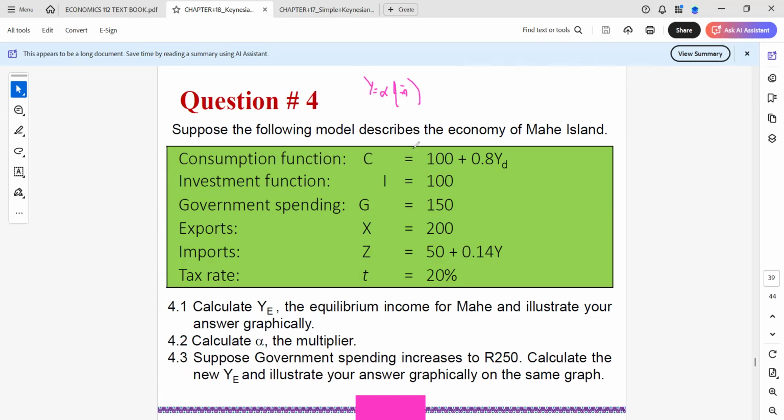To get the multiplier, I'm going to use the formula 1 divided by 1 minus c in a two-sector model.